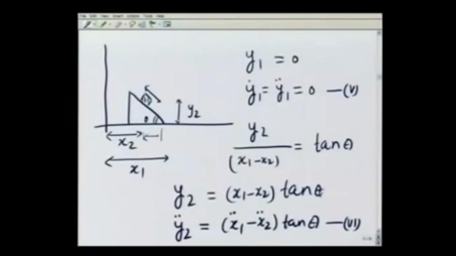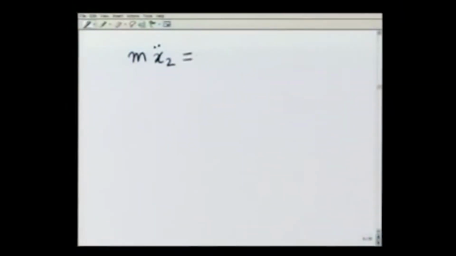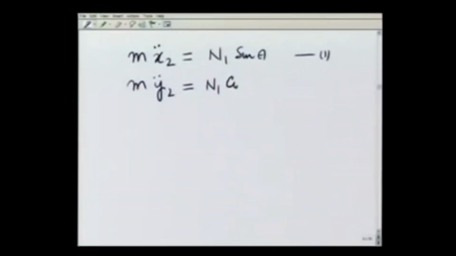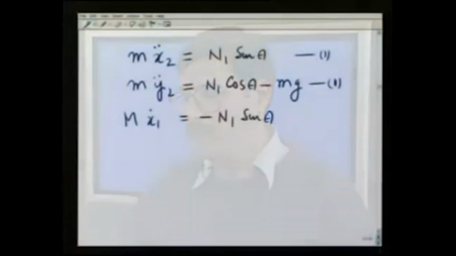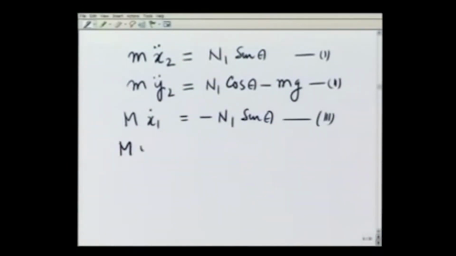Let me rewrite the equations once more. m x2 double dot is equal to N1 sine theta, m y2 double dot is equal to N1 cosine of theta minus mg, M x1 double dot is equal to minus N1 sine of theta, equation number 3, M y1 double dot is equal to minus N1 cosine of theta minus Mg plus N2, equation number 4.